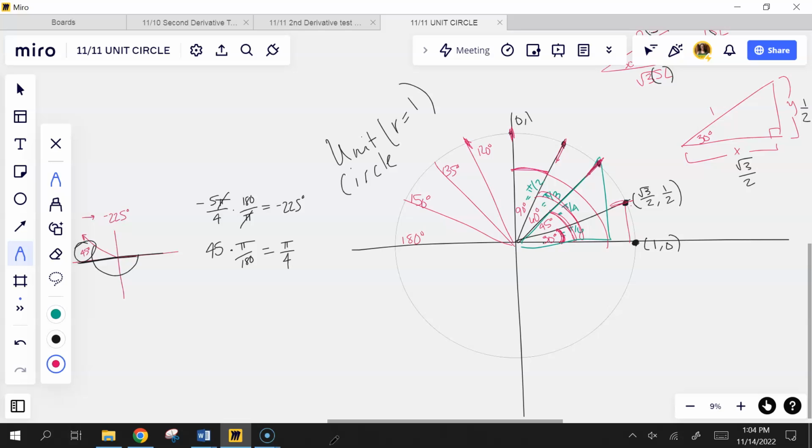All right, let's keep going around the circle while we're on a roll here. As I move around, again, 30. So remember, 30, 15, 15, 30, right?